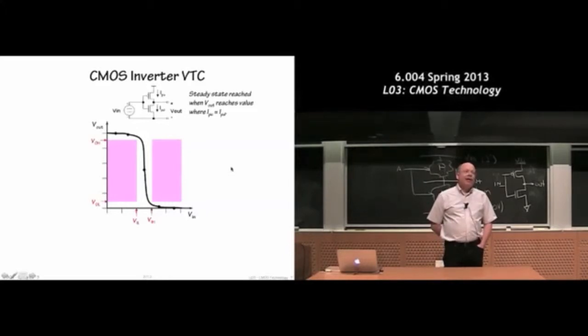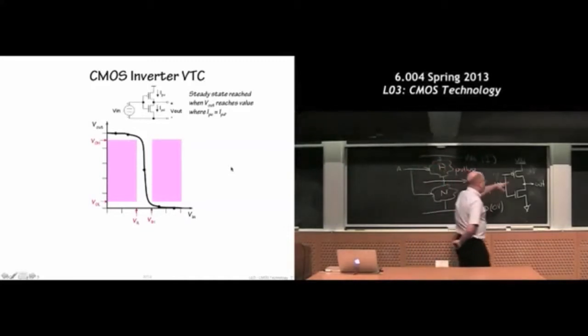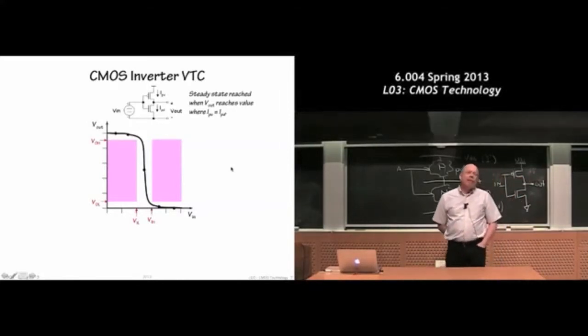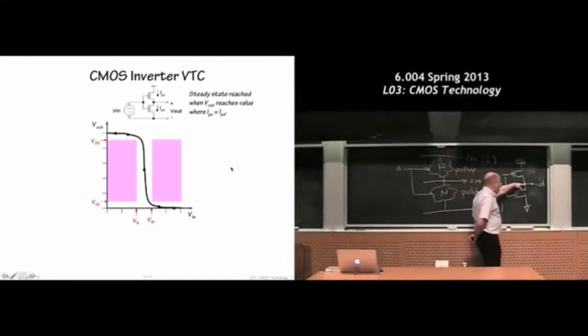It's floating. In other words, floating is just another way of saying it's not connected to one power supply rail or the other. Suppose I had charged it up, so it was sitting here at a 1 value, some high voltage, and then I turned off both guys. What would you expect to happen? If it's not connected to either ground or VDD, you'd expect it to sit there and float at 1. Remember, this wire here, which goes off to other places, has some amount of capacitance.